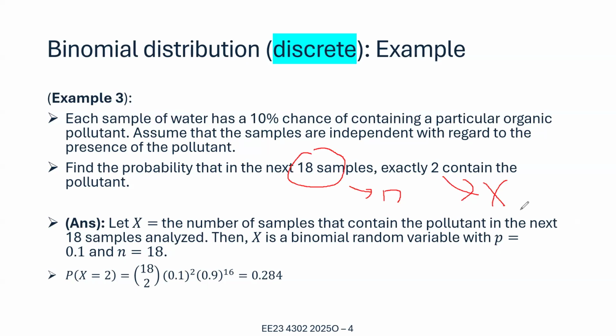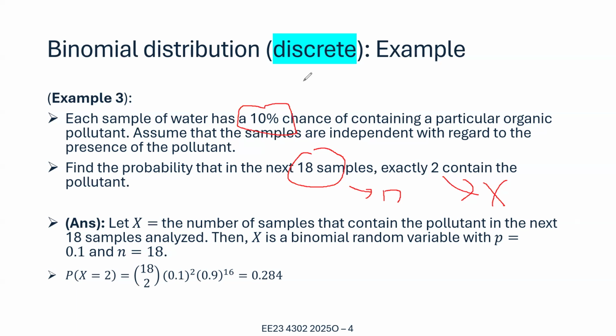So from 18 we take 2, and the case where we get the success. In this case, the success means containing a particular organic pollutant, which is actually not a good thing, but we define that as a success, because what we are concerned with is the number of polluted samples, which should be 2.